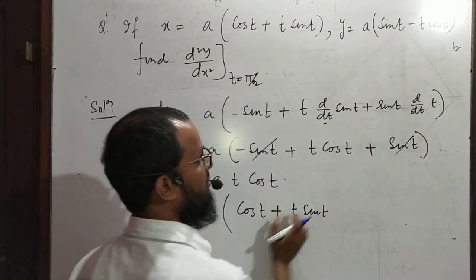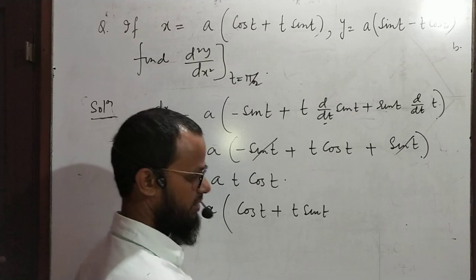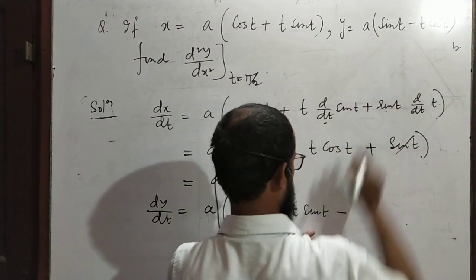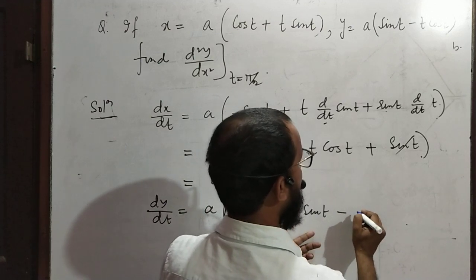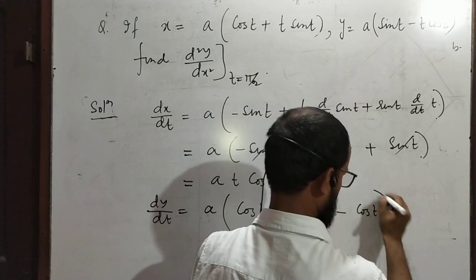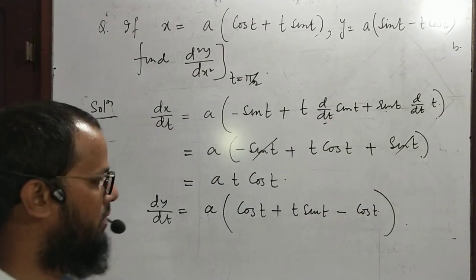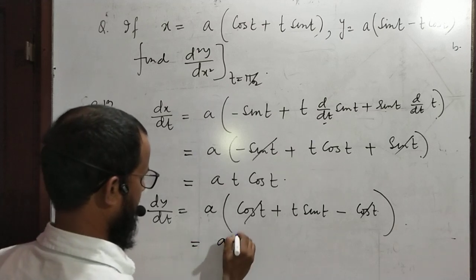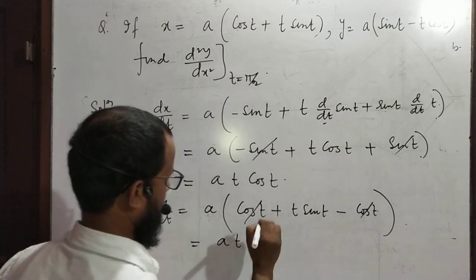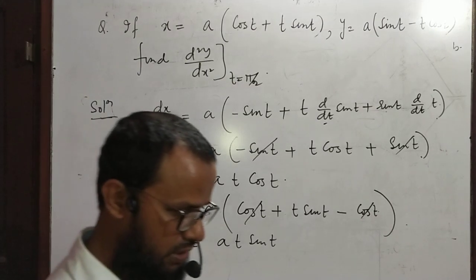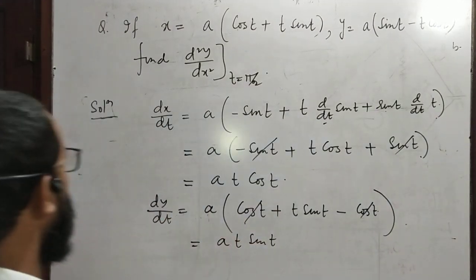Minus sin t. इस माइनस से और फॉर्मूला की माइनस से क्या होगा? प्लस हो जाएगी. And then ये तो माइनस था, फॉर्मूला का माइनस, and cos t into d/dt of t is what? 1. So it is cos t into 1 is equal to what? Cos t. So this term and that term will be cancelled, and finally a t sin t. This is your dy by dt. Now you are going to find what? Dy by dx.